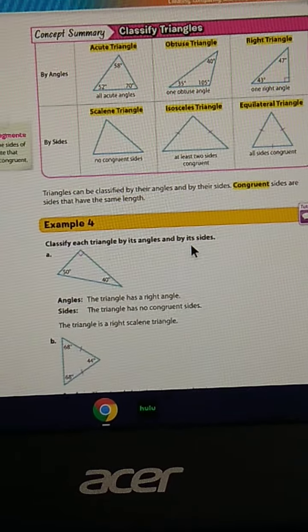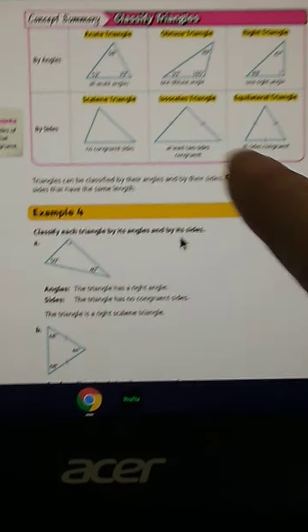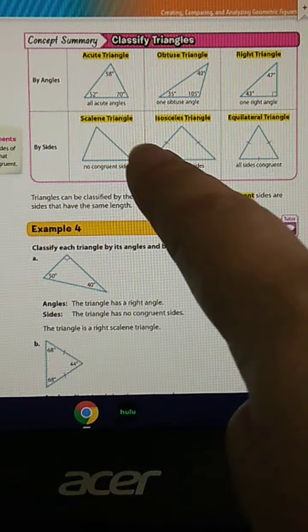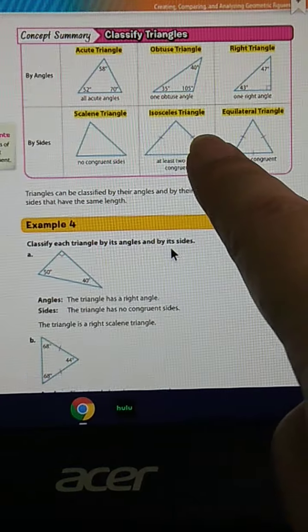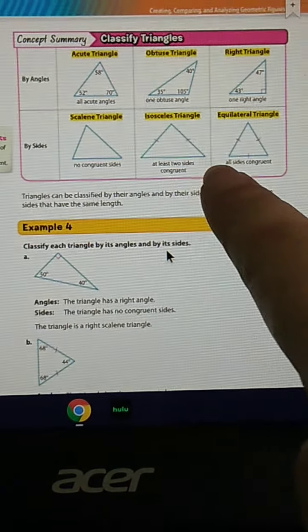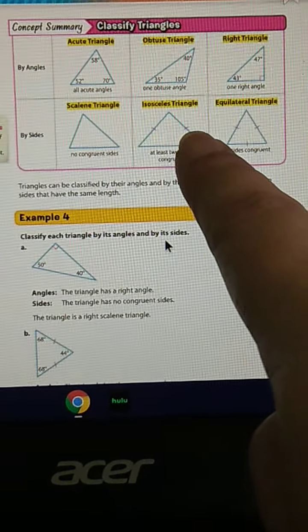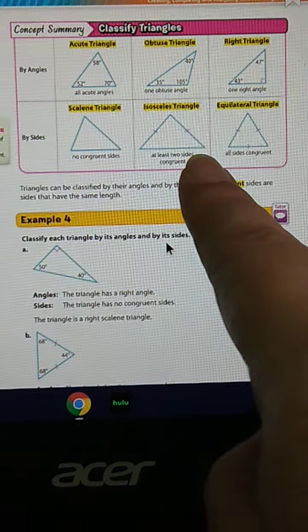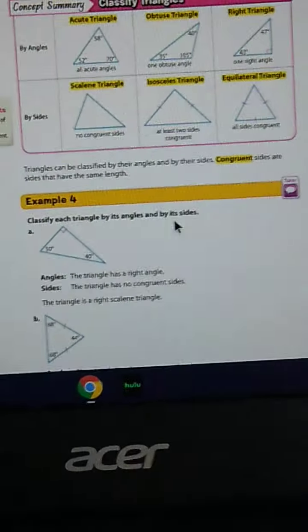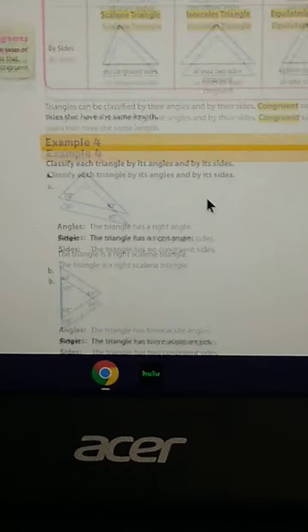Usually when you have isosceles triangles, the angle that's opposite this line and the angle that's opposite that one usually will have the same angle measure as well.